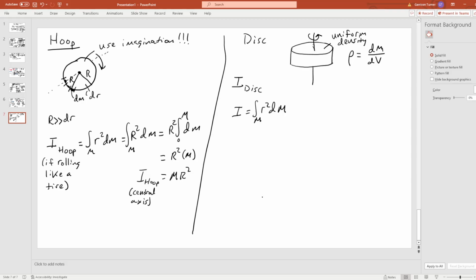But for a disk, dV is going to be equal to an area element on the disk, or 2 pi r dr, times the height of the disk, let's call it h.